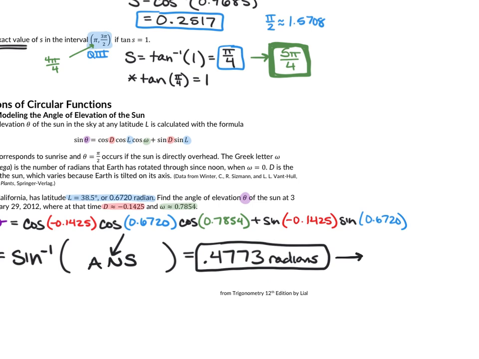So the pi is going to go on the bottom, so it's 180 divided by pi. We would press the pi button on this one, so it would be 0.4773 times 180 divided by pi. It ends up giving you 27.3447 degrees. Now make sure if it asks you to put it in degrees that you show me a degree symbol. Otherwise, I'm assuming it's in radians.